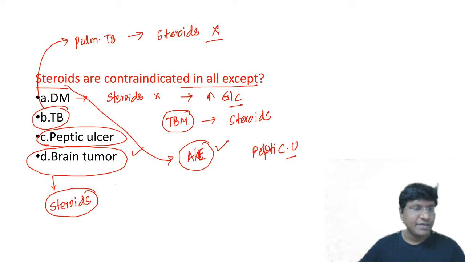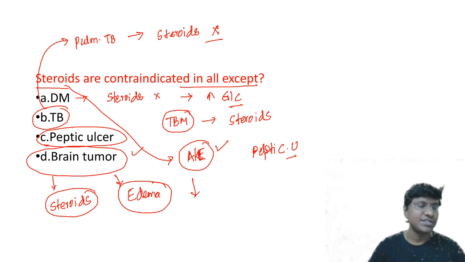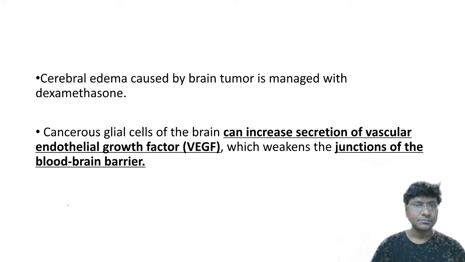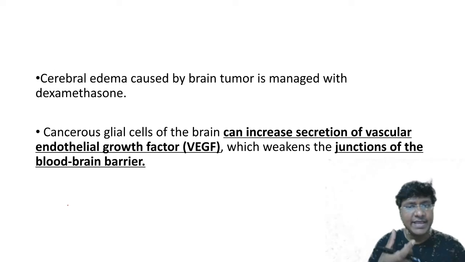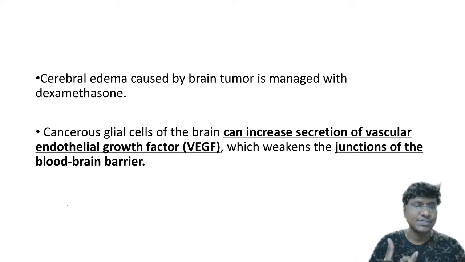The purpose of giving steroids in brain tumor is that surrounding the brain tumor there is edema formation. To reduce this edema, we give steroids. Now, the question is how this edema occurs. We have the cells called glial cells.